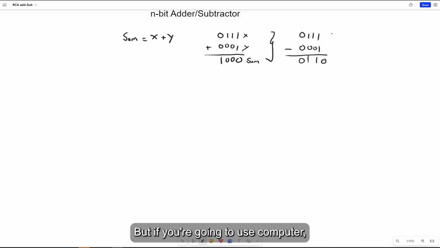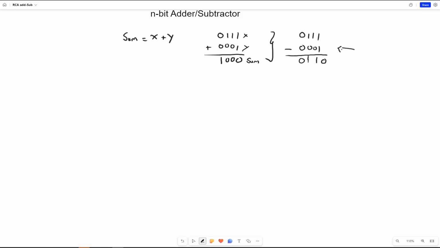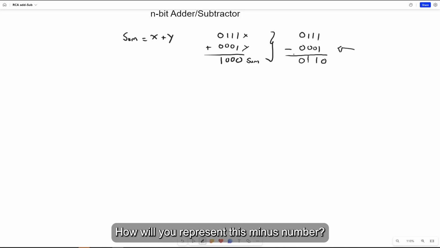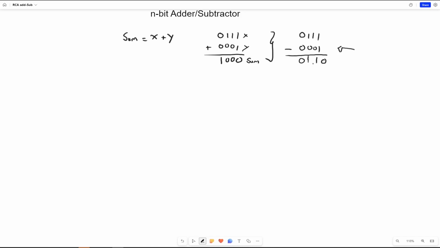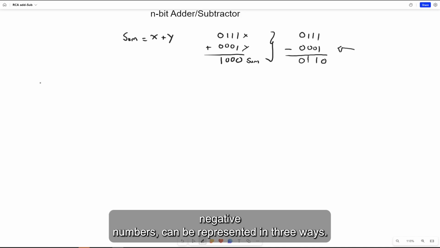But if you're going to use a computer, you must know how we can represent this, because this one is minus. How will you represent this minus number? So we must know how to represent signed numbers that are negative. Negative numbers can be represented in 3 ways.